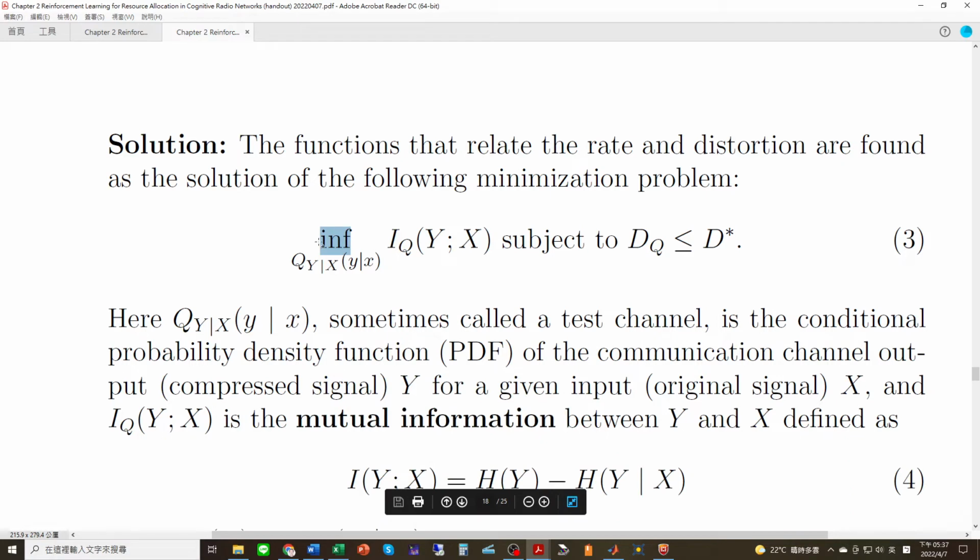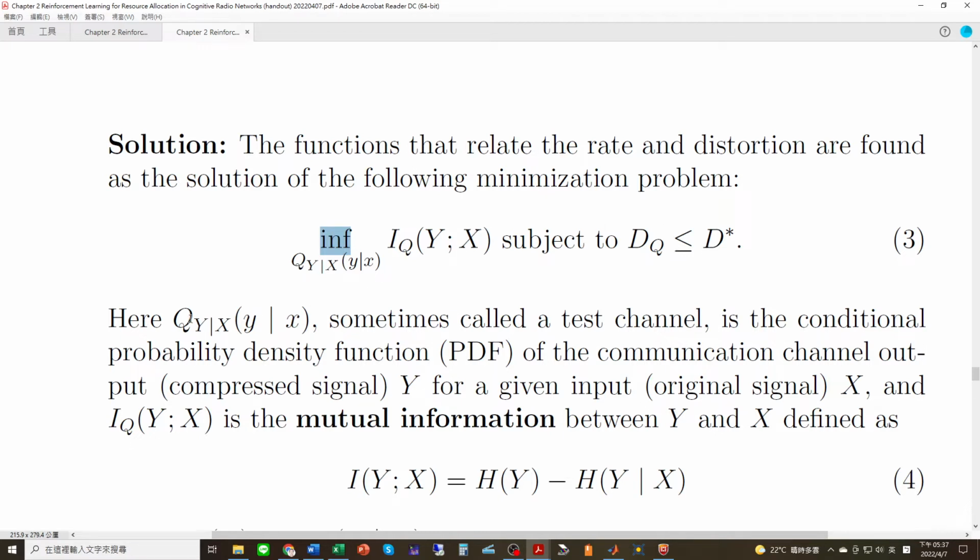The infimum of I_Q(Y;X) subject to D_Q is smaller than or equal to D star.